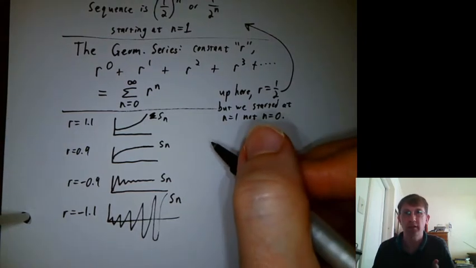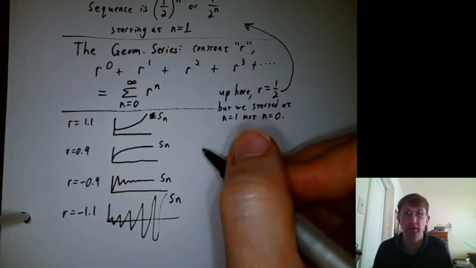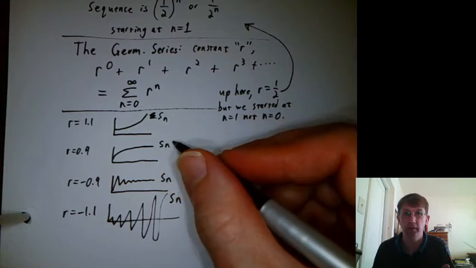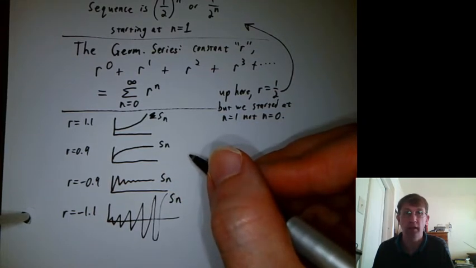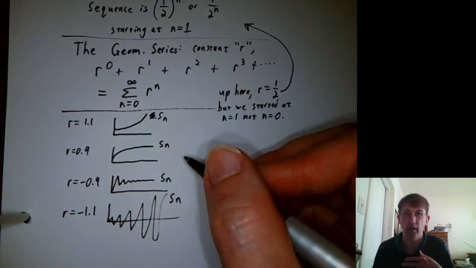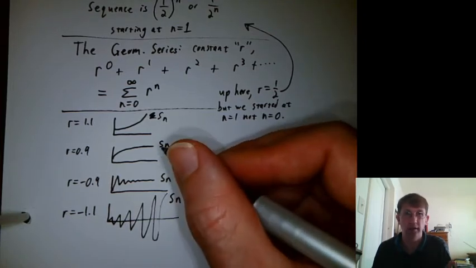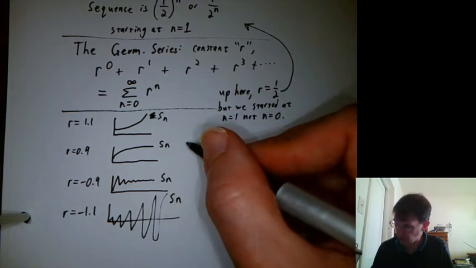So in which of these cases would you say that the series converges, that the limit of the partial sums as n goes to infinity is a finite number, not running away to infinity, not oscillating without settling down? I'd say the series converges here.